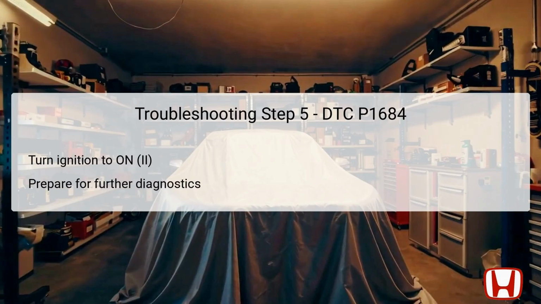Step 5 requires the technician to turn the ignition switch to the on second position once again. This position powers the vehicle's electrical systems, including its diagnostic systems, albeit without starting the engine. This step prepares for further diagnostics and allows a new round of checks to be performed on the vehicle's systems, specifically checking for any new or clear DTCs that may have appeared since the last clearing of the fault codes.